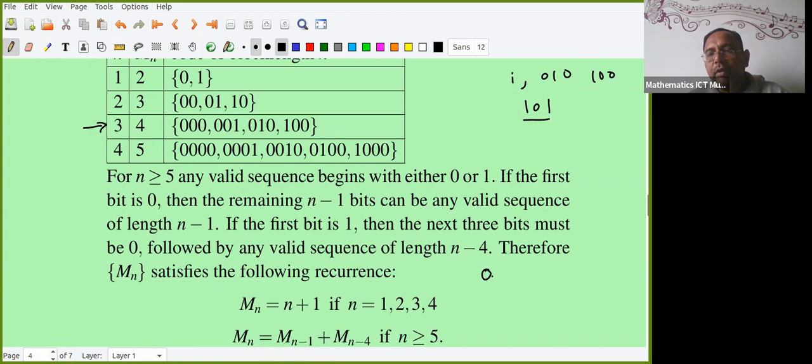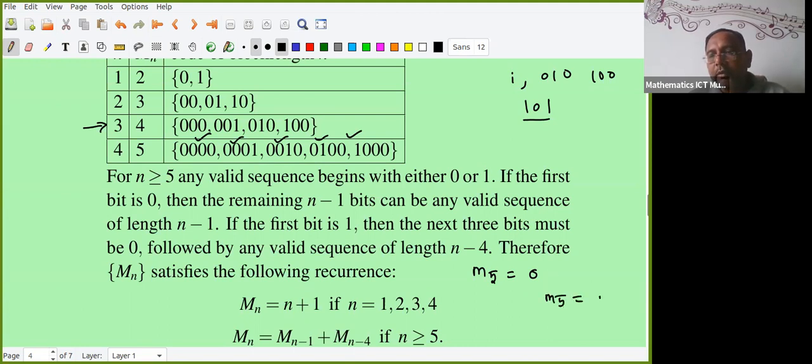See, you have 0 first, right? I'm concentrating on M5. How do you find M5? All M5 we can easily figure out. So M5 is equal to, first you start with 0. So all these I can put, all these I can add. That is M4.